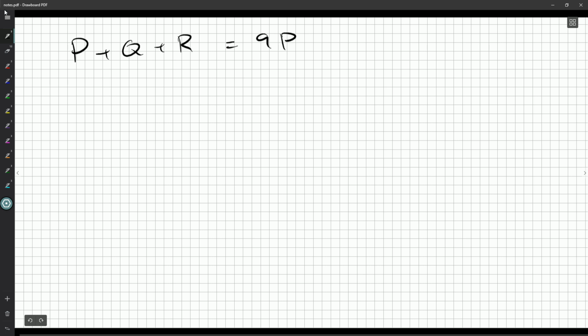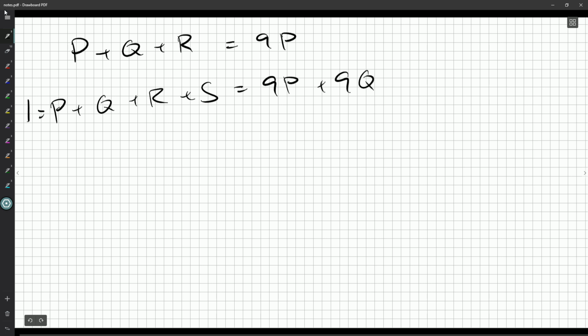P plus Q plus R plus S is 9P plus 9Q. We also know that the area of the whole thing, which is P plus Q plus R plus S, is 1.